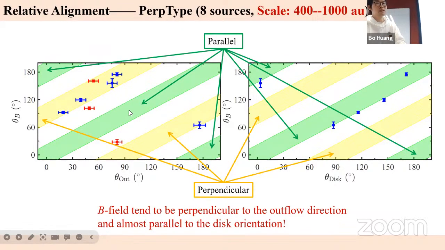The green bands indicate that the two directions are parallel, and the yellow bands indicate perpendicular. So we can see the outflows, in this case, are almost perpendicular to the magnetic field, and the disk orientation is almost aligned with the magnetic field.